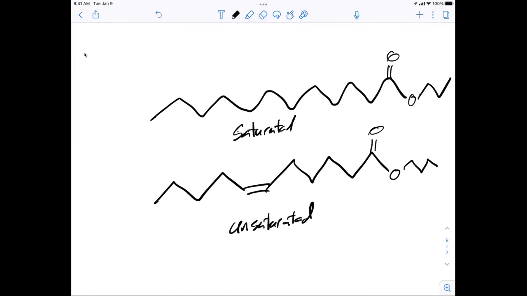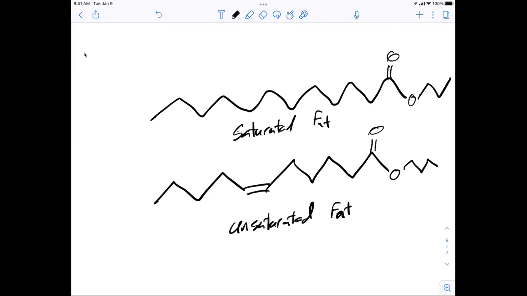So this would be a saturated fat. This would be an unsaturated fat. Whether it's a fat or an oil depends on its temperature: at room temperature, is it a solid, or is it a liquid, right? Now, whether it's saturated or unsaturated, that's a chemical difference, right?